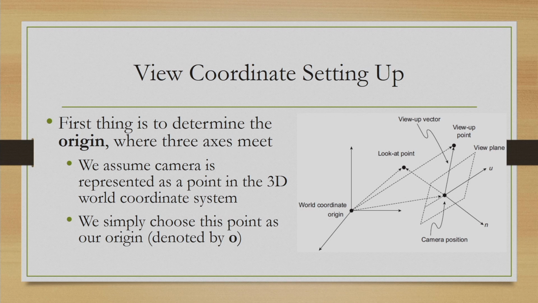First thing is to determine the origin of the view coordinate system where the three axes meet. Now, this is simple. We assume that the camera is represented as a point and the camera position is the origin denoted by O. So, the position of the camera is the origin, where we are assuming that the camera is defined as a point, a dimensionless entity.